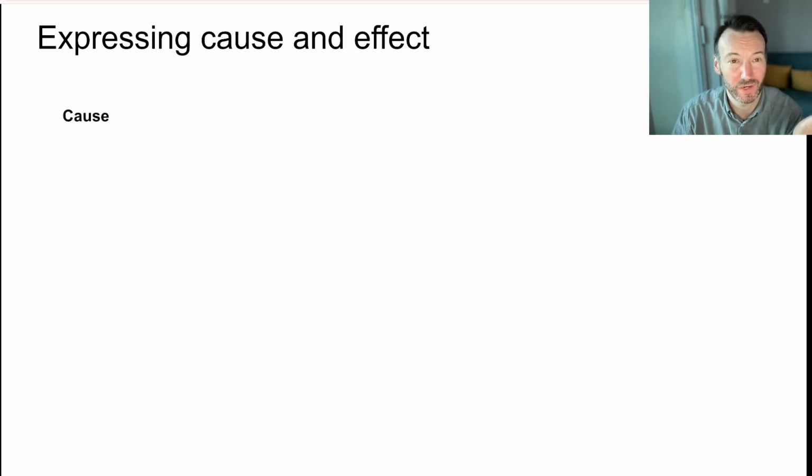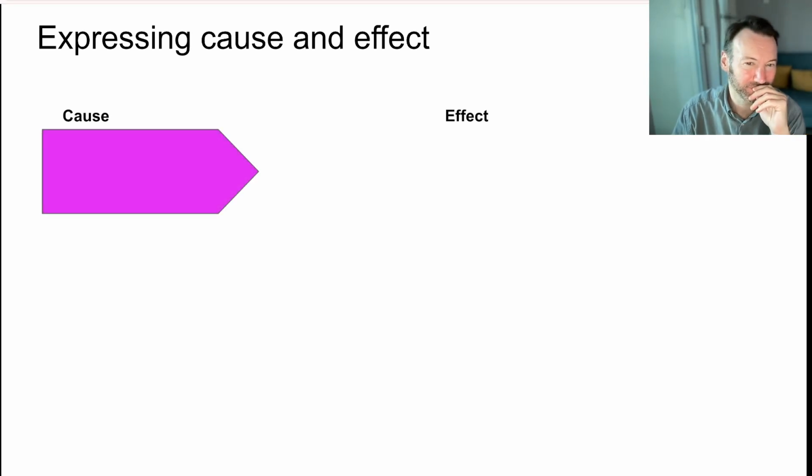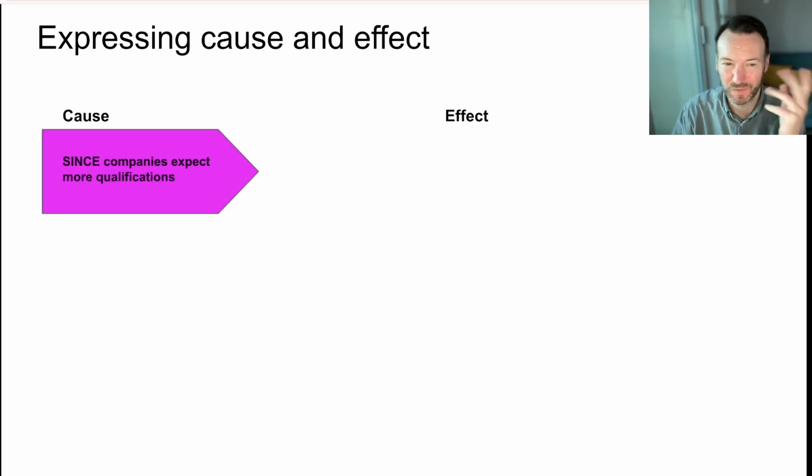So if we have our cause and our effect. So for example, since companies expect more qualifications. Okay, and again, on its own, that does not really mean anything, right? Because we don't understand the context. Okay, but we're starting with our word since. So since companies expect more qualifications.